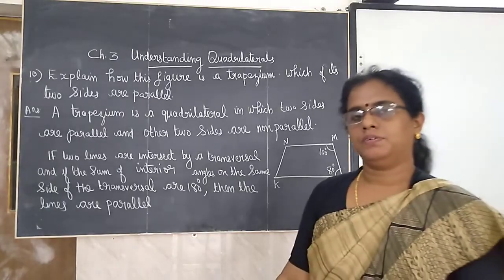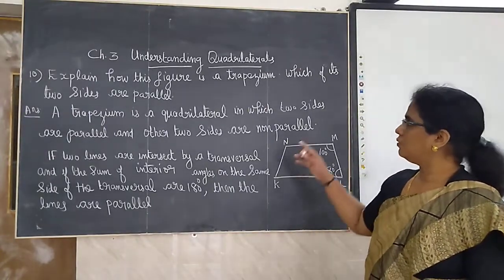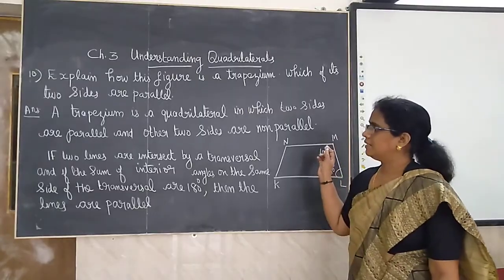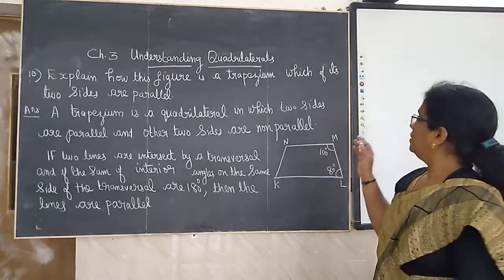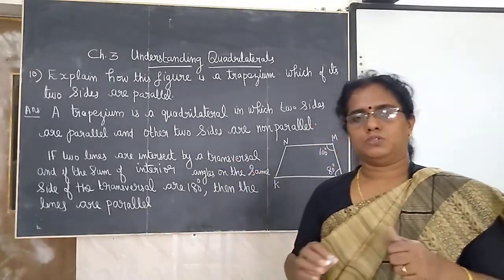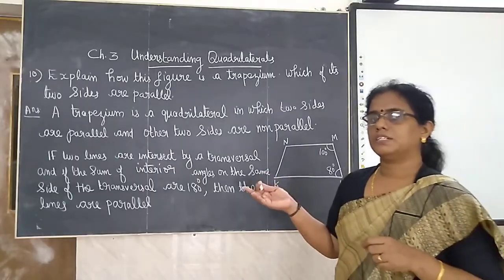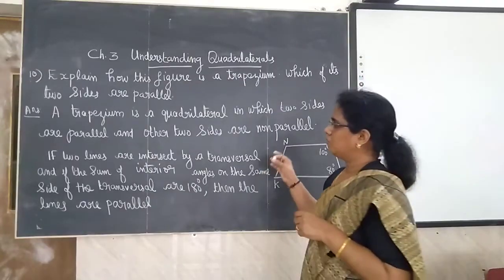Now we will discuss question number 10. That is, explain how this figure is a trapezium. Which of its two sides are parallel? Before solving the problem, first we have to understand what a trapezium is.